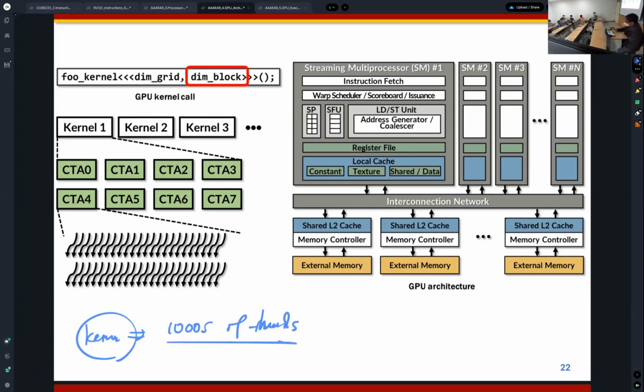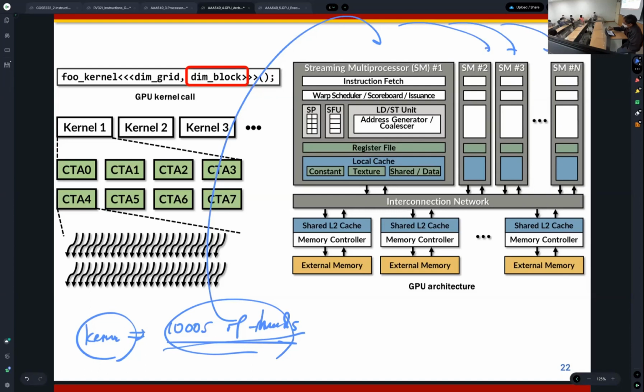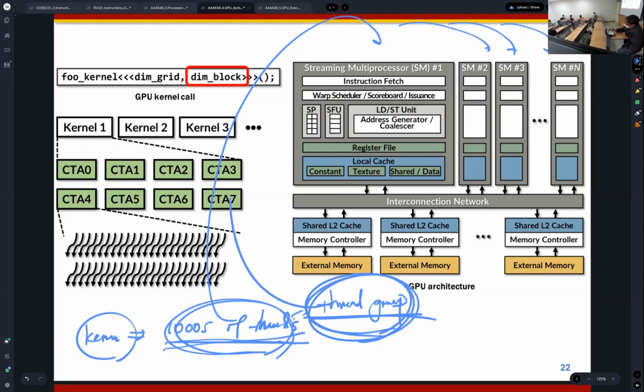But we cannot assign these threads directly to SMs, which means that we need to group these threads into thread groups. So actually, these thread groups are assigned to an SM. What does that mean actually?